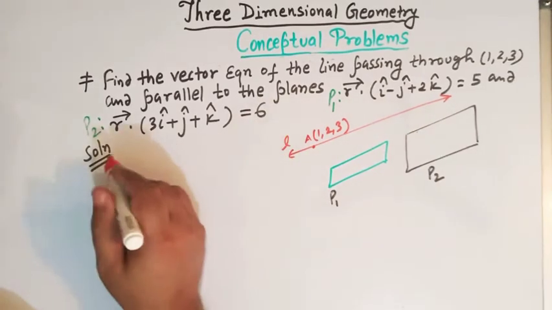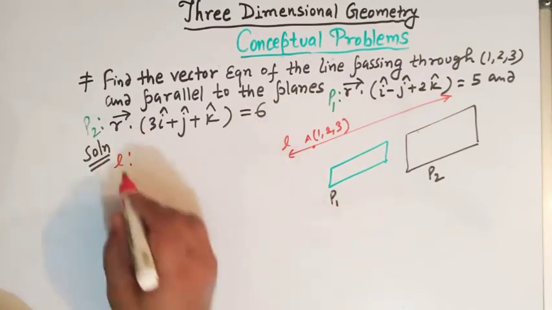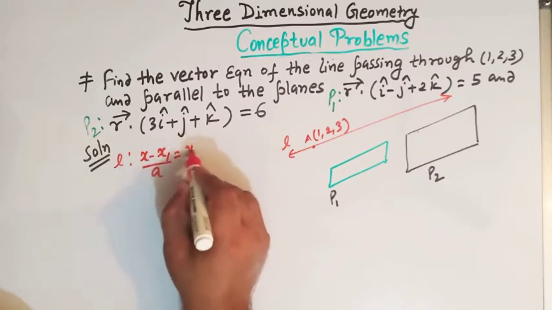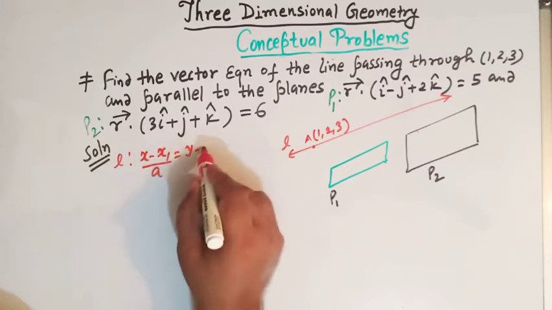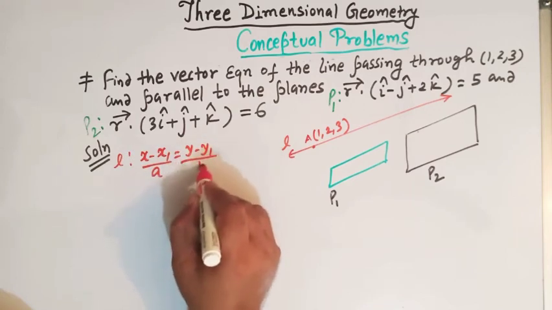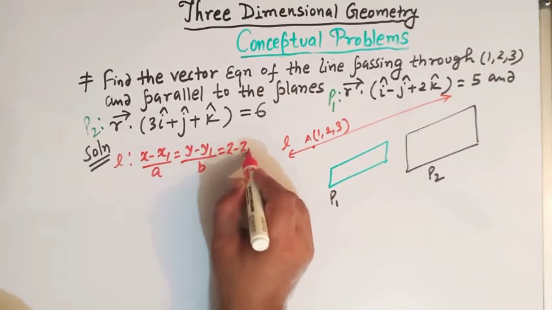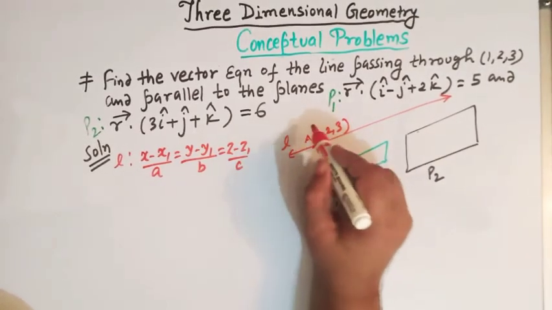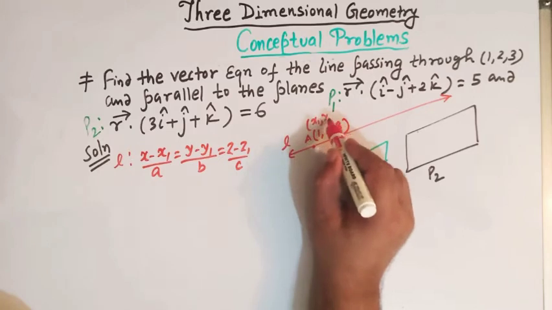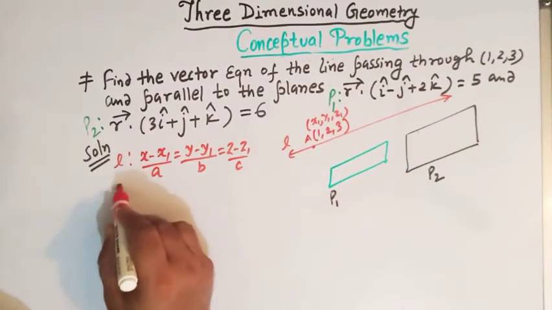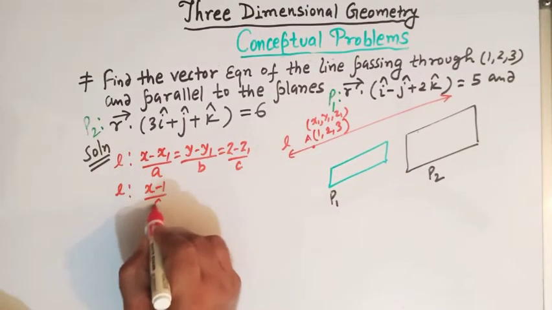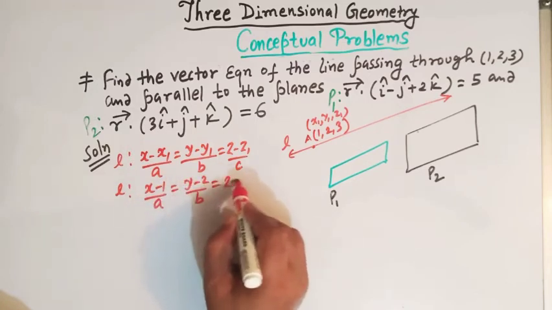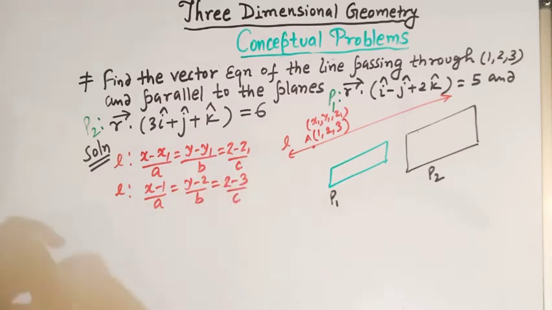So here the given line is L, and the equation of this line is given by (x minus x1) over a, (y minus y1) over b, (z minus z1) over c, right? Now x1, y1, z1 is this point, so L is (x minus 1) by a, (y minus 2) by b, and (z minus 3) by c, right?